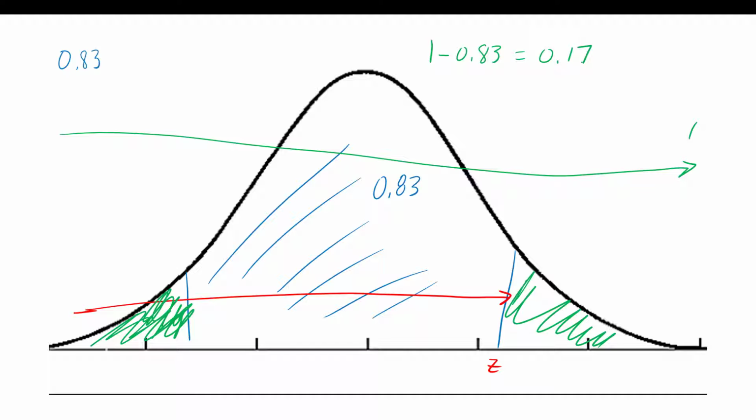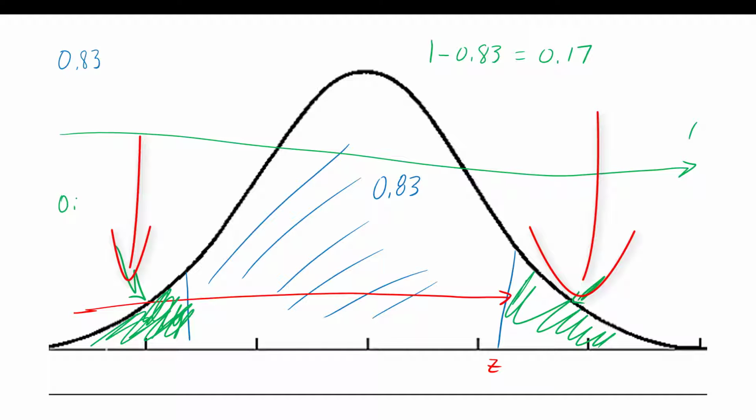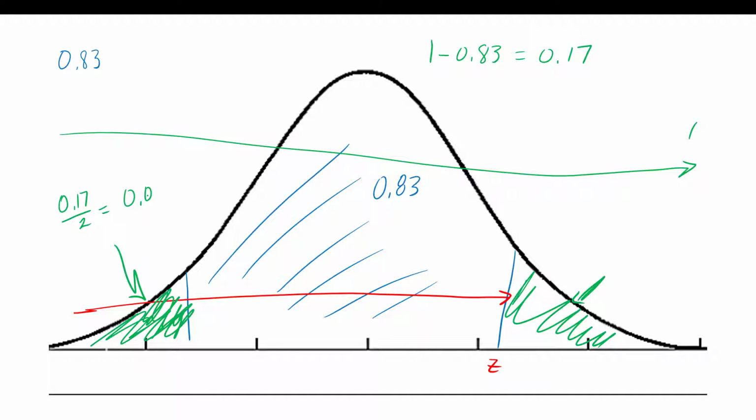But then I have to cut it in half, because half of it's here and half of it's here. So if I take 0.17 divided by 2, I get 0.085, and that's going to be the same area over here.